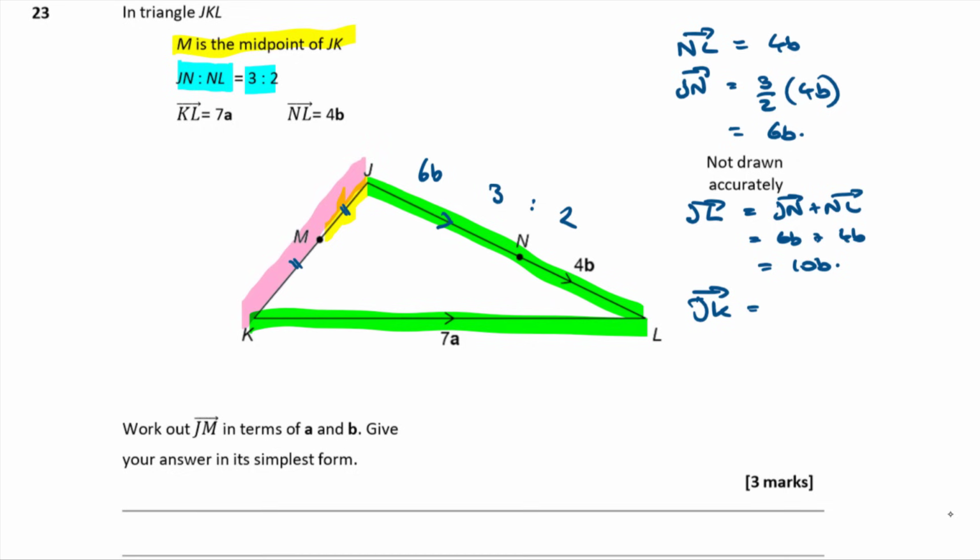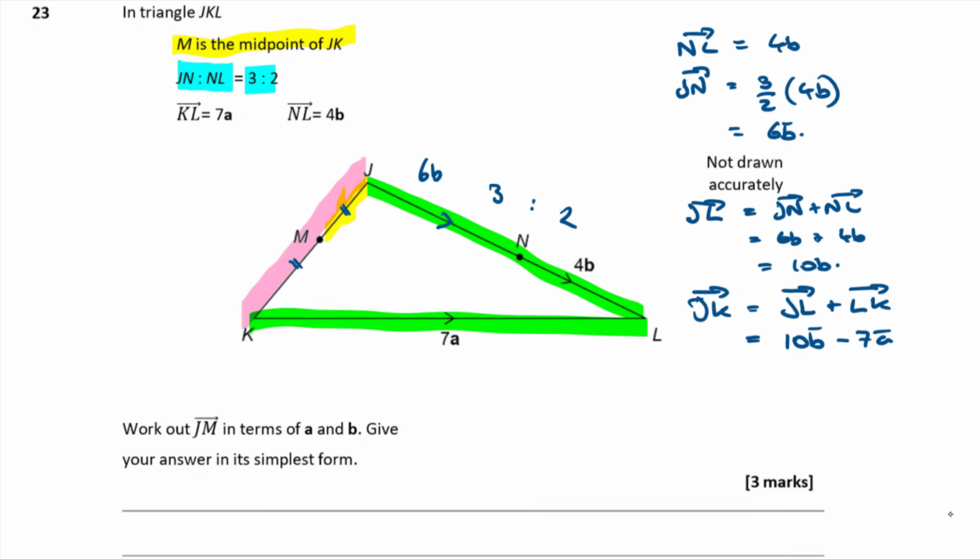So I know that I can get from J to K by going from J to L and then going from L to K. Okay, and I know that J to L is 10b because I just found it, and I know that L to K is going to be minus 7a, because I'm going against that arrow, aren't I? So it's negative. Okay, so J to K is 10b minus 7a.